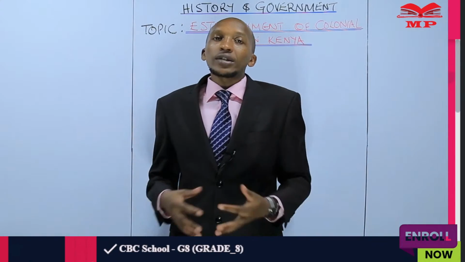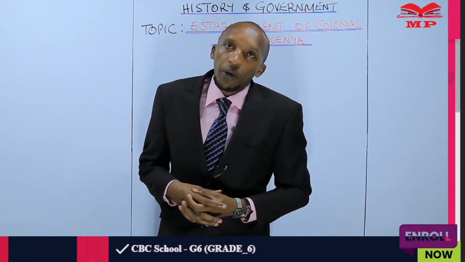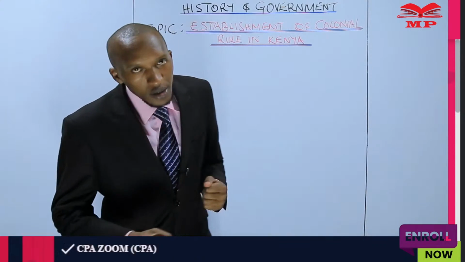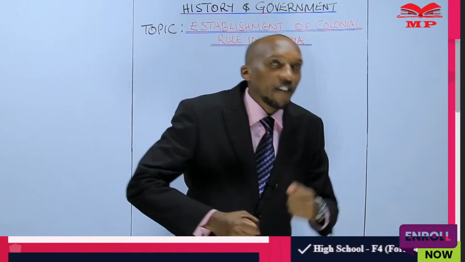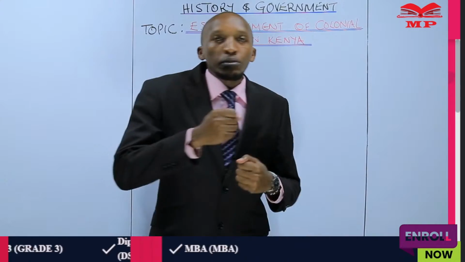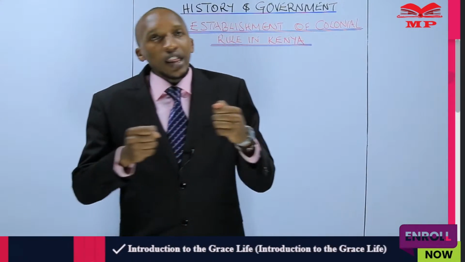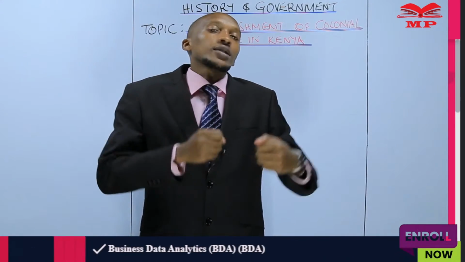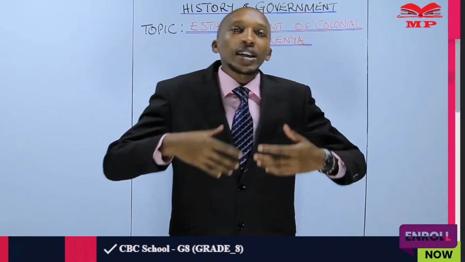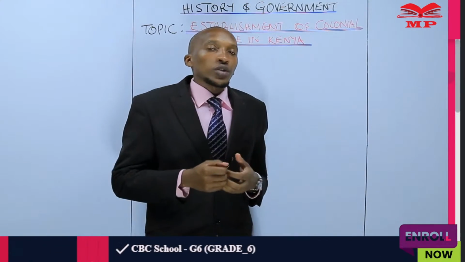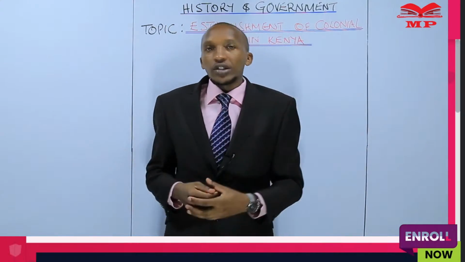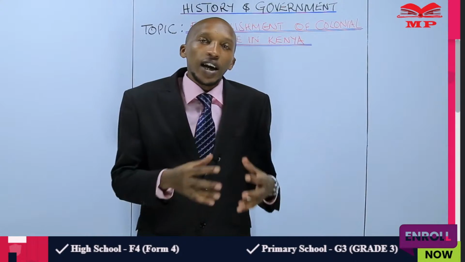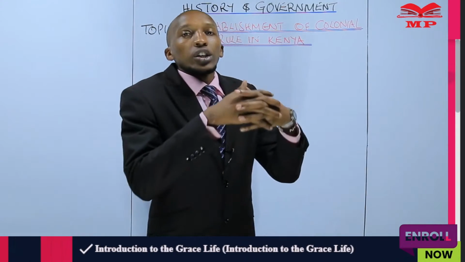We discussed how the European powers scrambled, were fighting, were competing against each other. Right? That is the scramble, the sudden rush. So the European powers rushed into getting colonies or territories in the African continent. That is what we defined as the scramble for Africa.